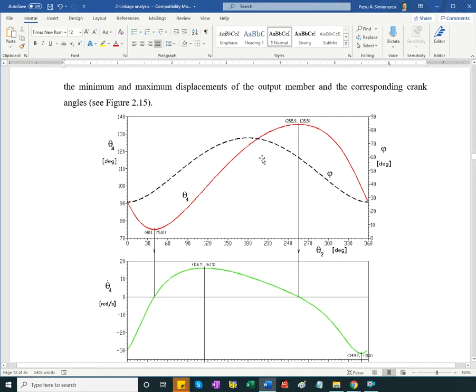And with the numbers here, I read the first number as the x coordinate of this minimum, and the second number is the actual value at the minimum. Theta 2 at the maximum, then the actual value of the maximum.